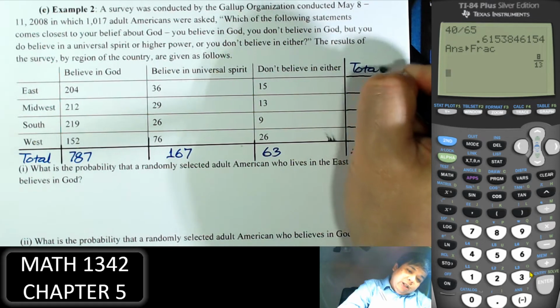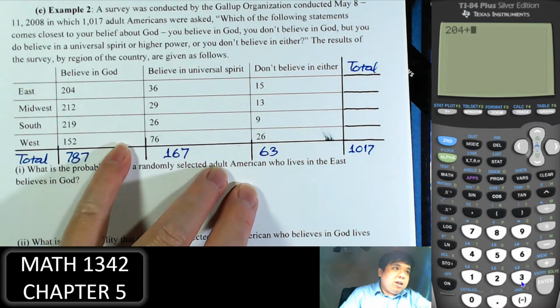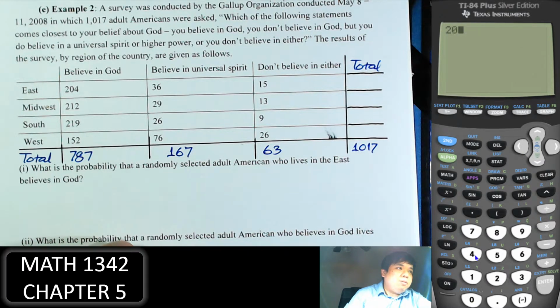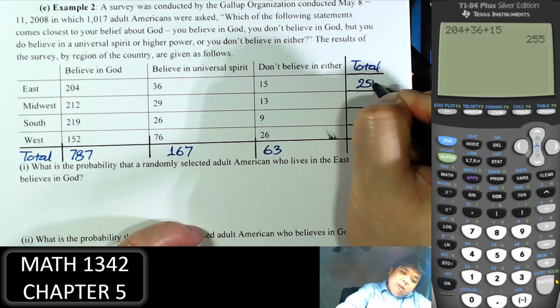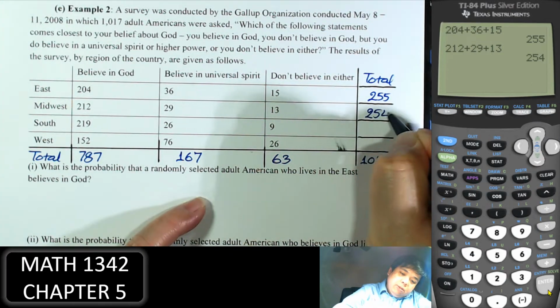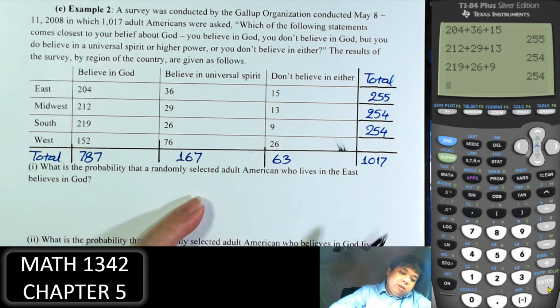Now we add for the total here. Of course, I can also use this calculator. 204 plus 36 plus 15 is 255. 212 plus 29 plus 13 is 254. 219 plus 26 plus 9 is 254. 152 plus 76 plus 26 is 254.